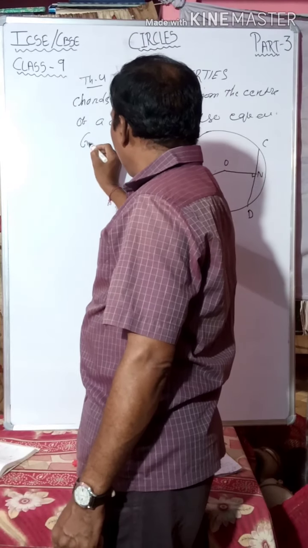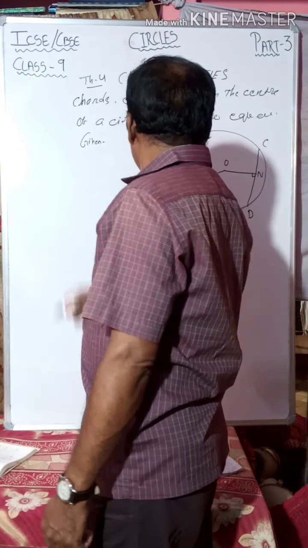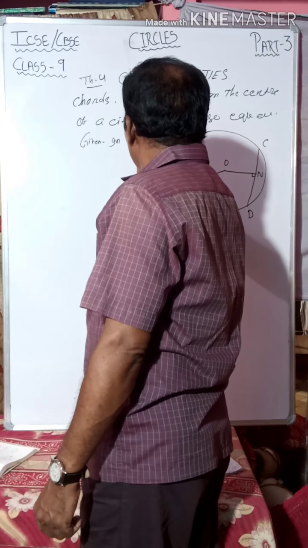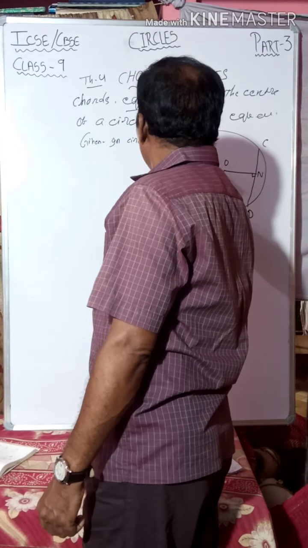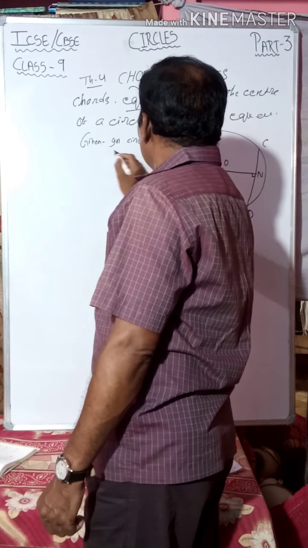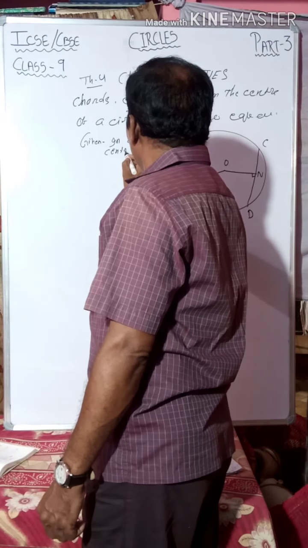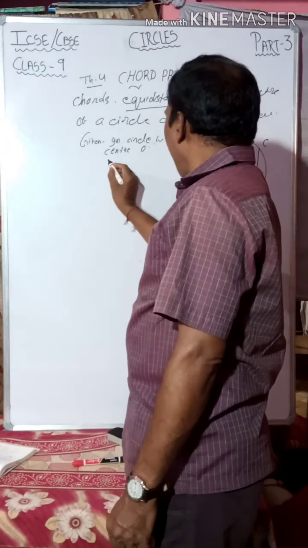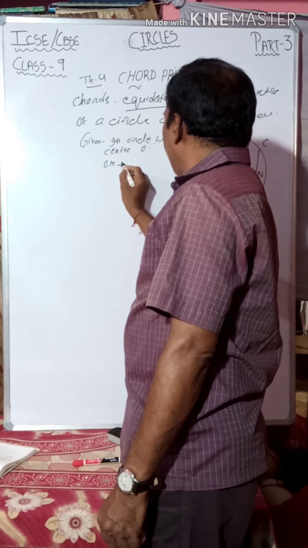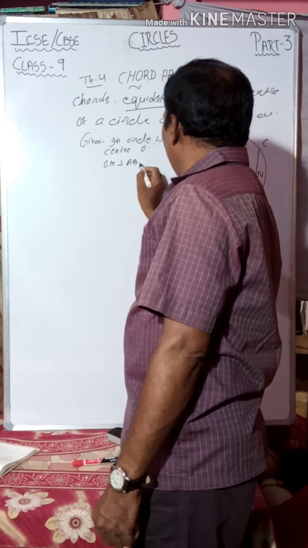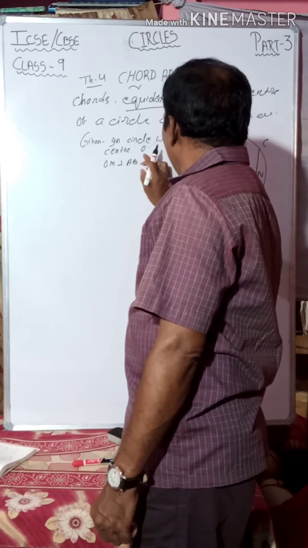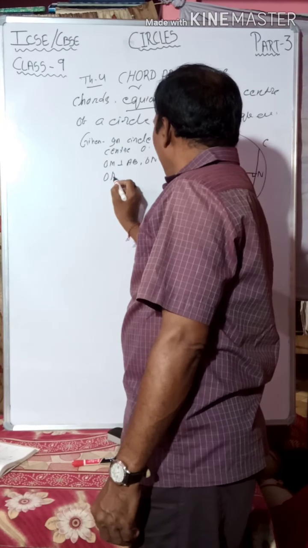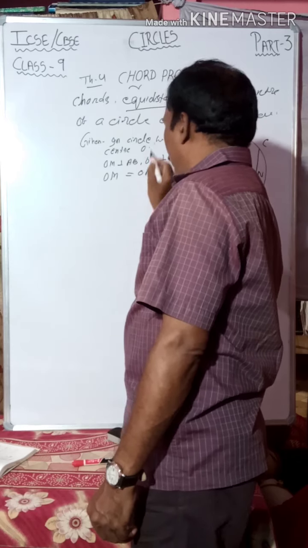Now given: in a circle with center O, OM is perpendicular to AB and ON is perpendicular to CD, and OM is equal to ON.